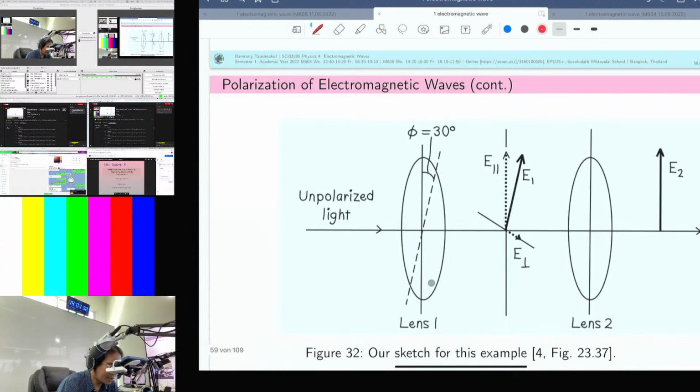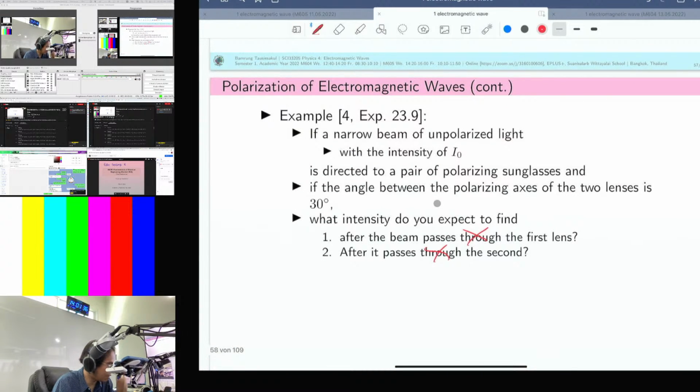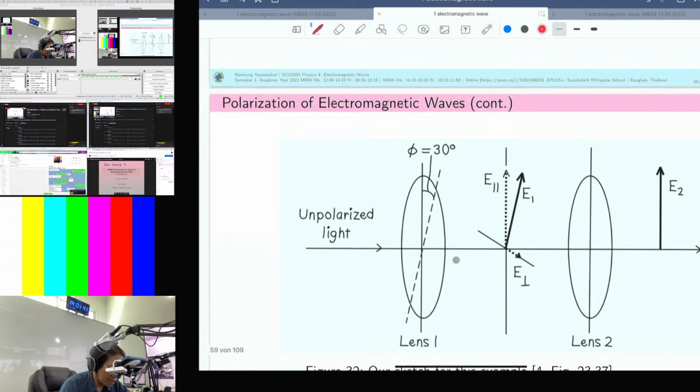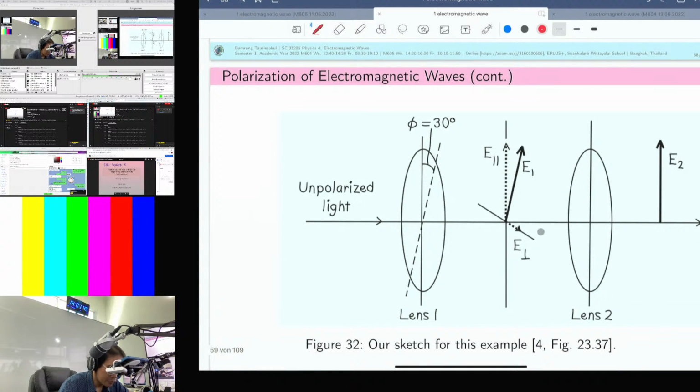If you don't understand completely what's going on from the text, you may take a look at the figure here. They have also provided the figure. First of all, you have unpolarized light.